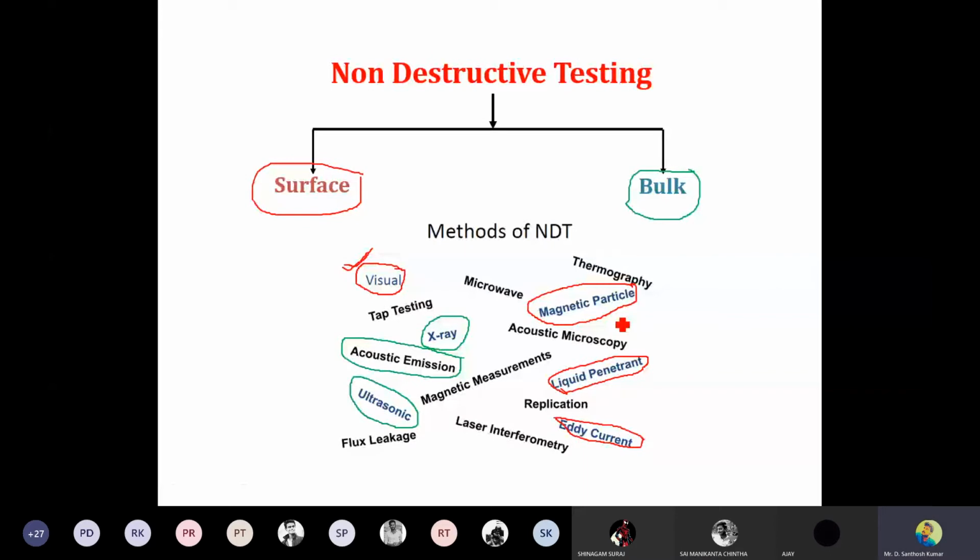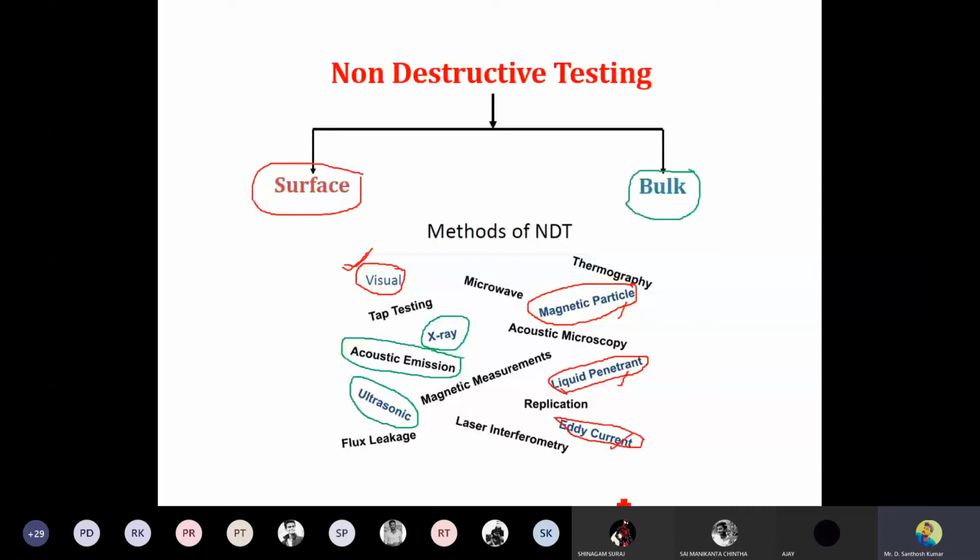Magnetic particle, liquid penetrant, and eddy current are the three surface NDT methods. Ultrasonic testing, radiography testing, and acoustic emission testing, like X-ray, all come under the bulk or volume methods.